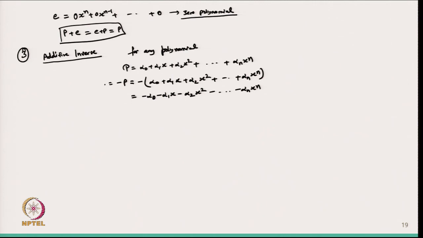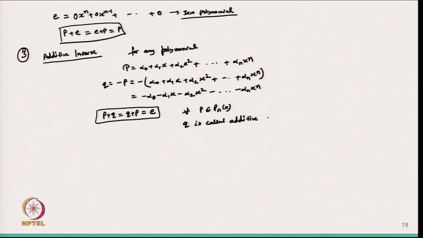I just call this element q and this is my p. So, from here you can see that p plus q or q plus p will be equal to the identity, that is the 0 element, and this is true for all p belonging to P n x. So, in this case q is called the additive inverse. So, this is how I can define it.